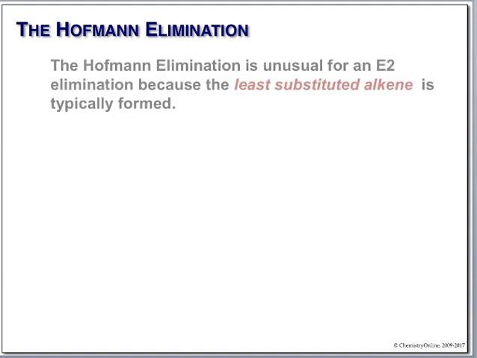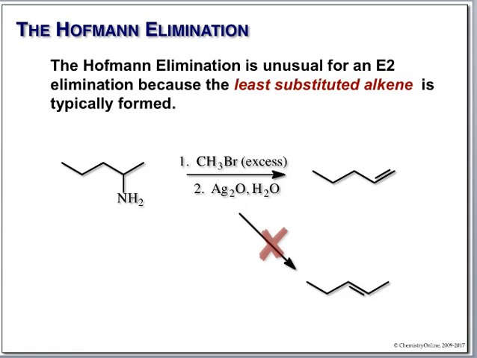Remember, the standard rule for E2 elimination, Zaitsev's rule, what are we going to form? The most highly substituted alkene. Unless you're doing a Hofmann. Then you form the least highly substituted alkene.